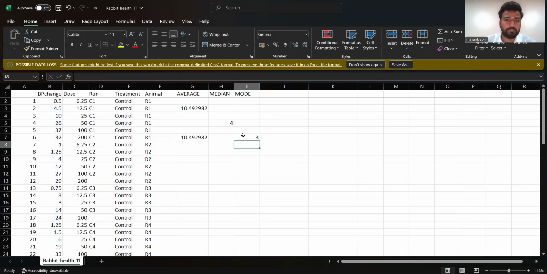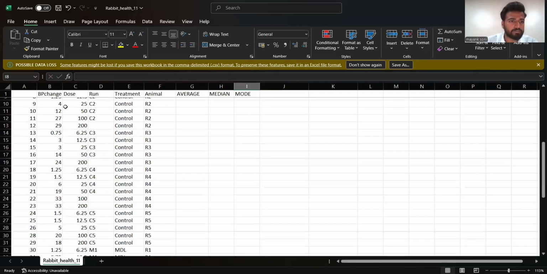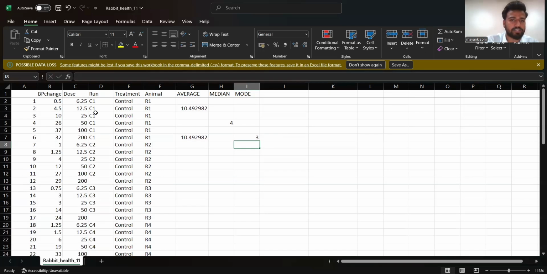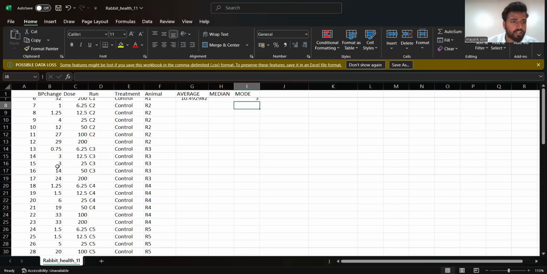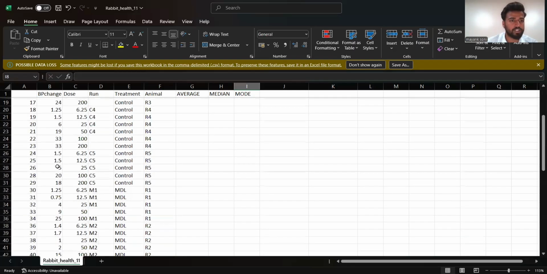The mode is 3. It means the most repeated value in the BP change column is 3. In this data set, most of the rabbits have a BP change ratio of 3.